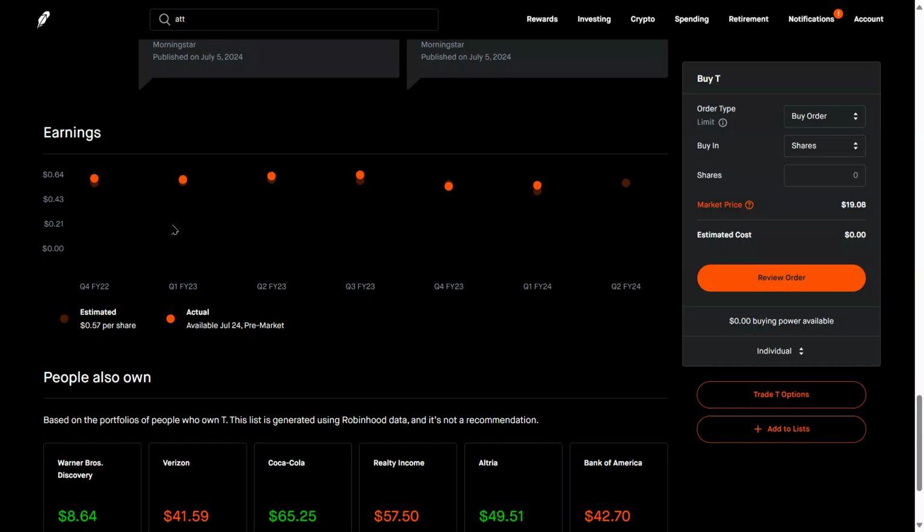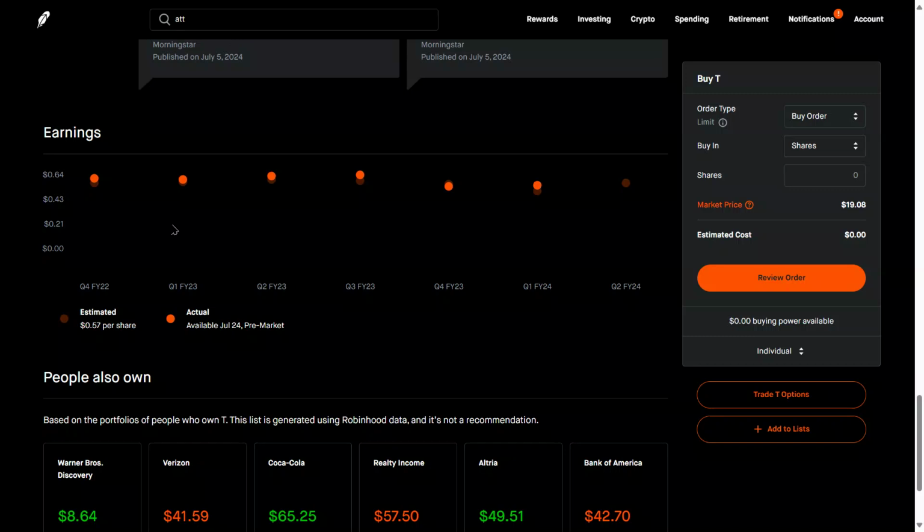But the point is, regardless of that, when you see an earnings report come out, when you get the news that they have just reported, go take a look to see how that stock is reacting. Because if that stock is going up, you might be able to ride coattails, right? If it's going down, you might be able to take advantage of that by buying a put option. That's where options come in.